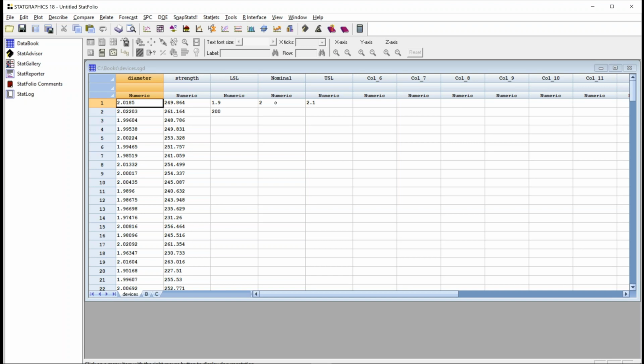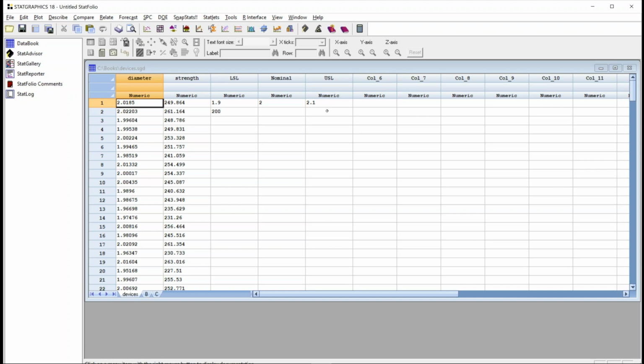There's a target value of 2 for the diameter and an upper bound for the diameter of 2.1. There's no upper bound on strength, so I've left that particular entry empty. Now, we'll need those columns when we go ahead and do our capability analysis.